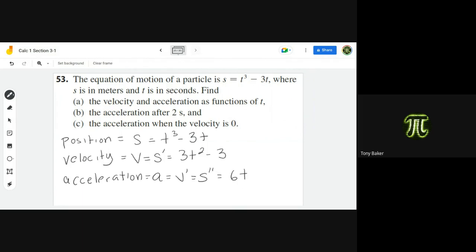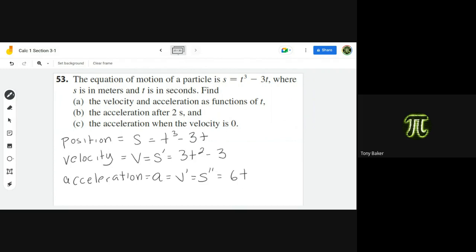What's the acceleration when my velocity is 0? Is it? Acceleration is slowing down or speeding up. Right. So it'll be negative 3.